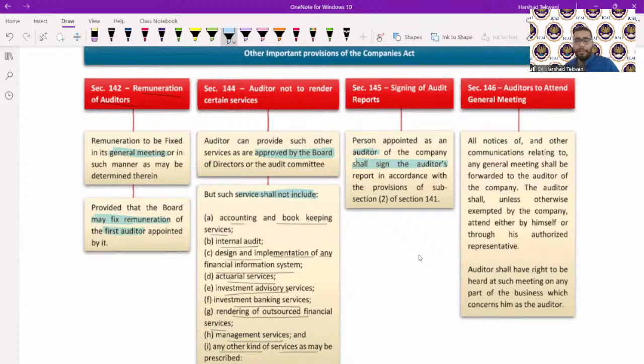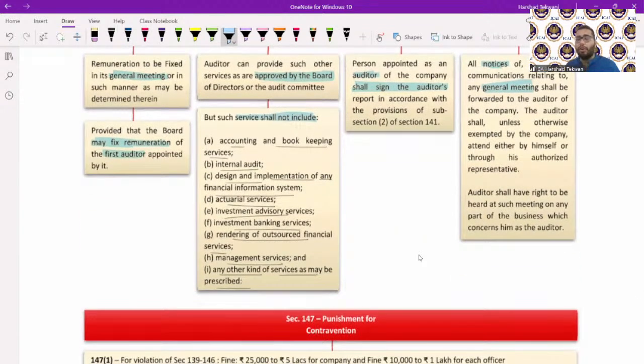All notices of meetings and communications are required to be sent to the auditor so that he can attend the meeting. So the auditor is required to attend the general meeting, and the company is required to send all the notices to the auditor. Now the auditor can attend himself or through an authorized representative. That is perfectly fine.